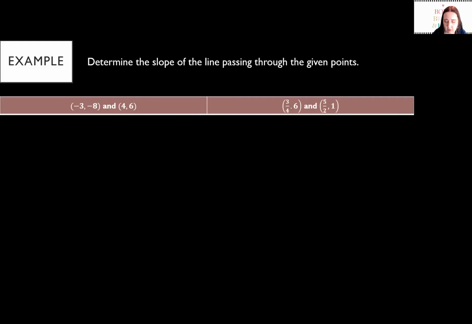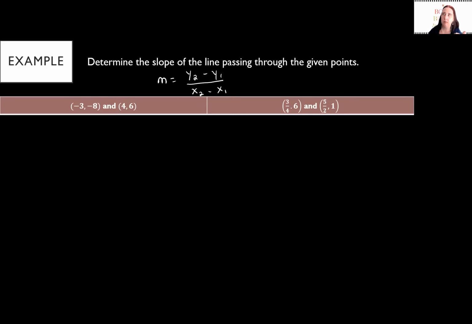So our formula is m equals y2 minus y1 over x2 minus x1. So it's always the y over x.